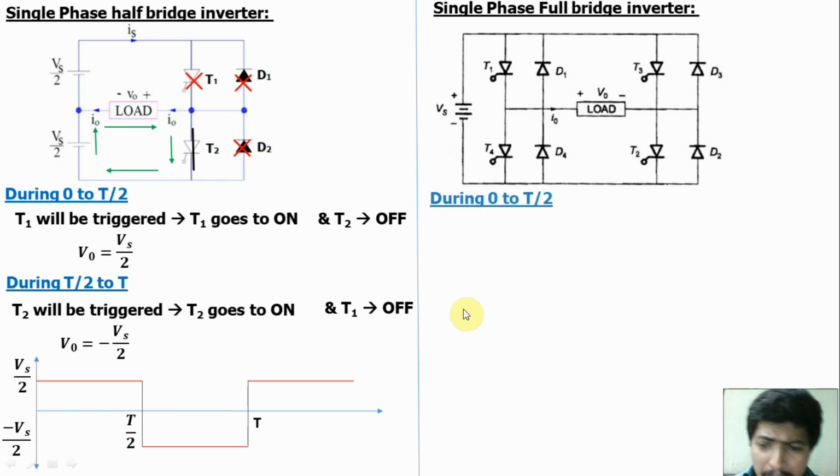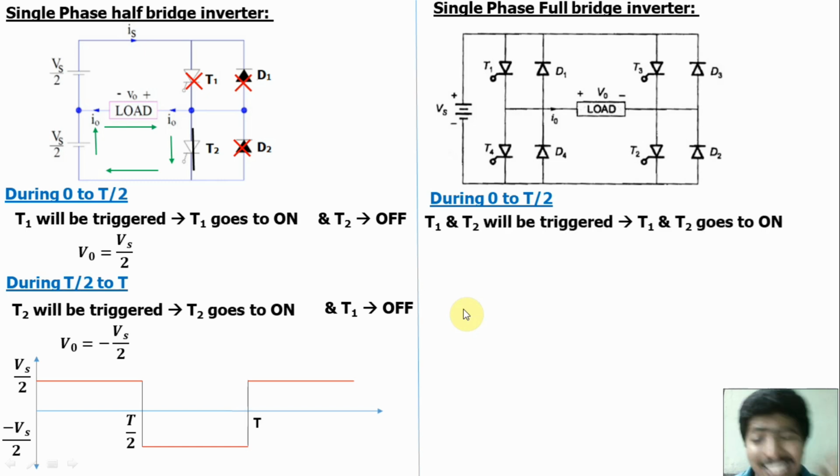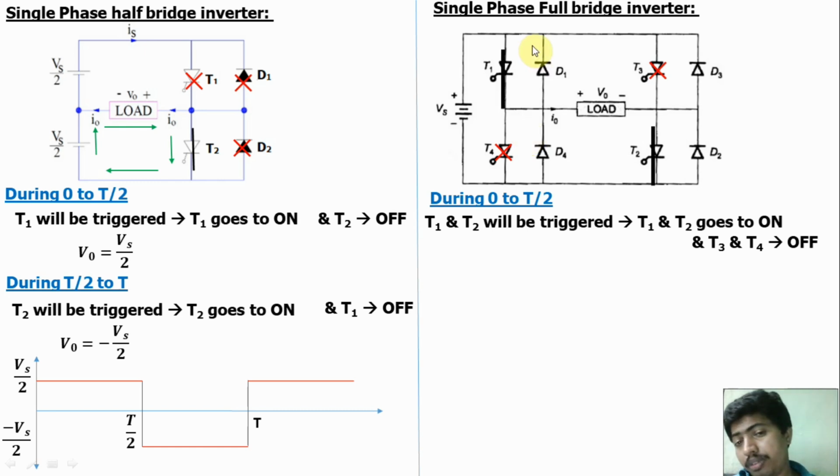Now we discuss the operation of the full bridge inverter. During 0 to T/2, T1 and T2 are triggered externally, so T1 and T2 go to on conditions. At the same time, T3 and T4 are off, as no external pulse is given. T3 and T4 are open, and T1 and T2 act as short circuits.